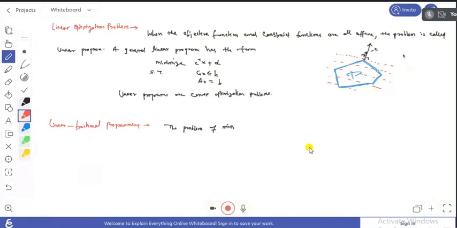So here the objective function, that is C transpose X, is linear.